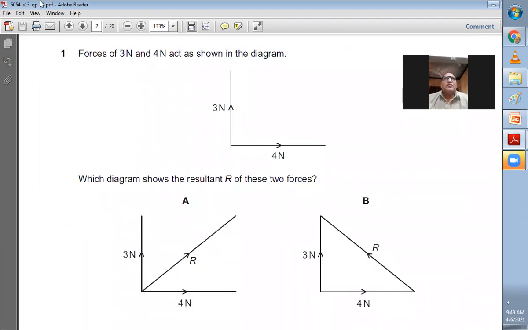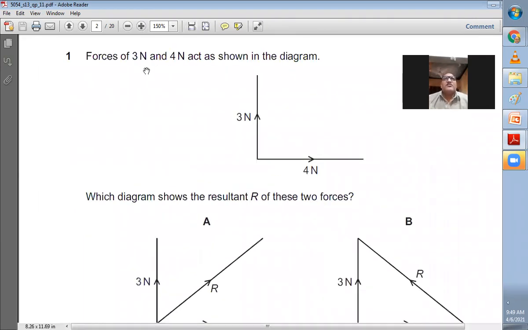Okay. So on your screen, the first question is showing, and it says forces of 3 Newton and 4 Newton act as shown in the diagram. Which diagram shows the resultant R of these two forces?